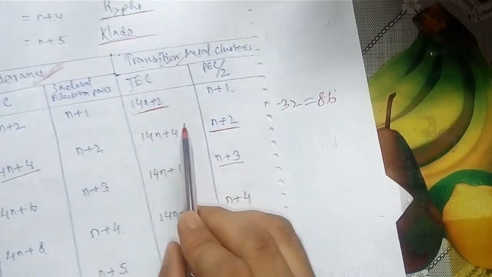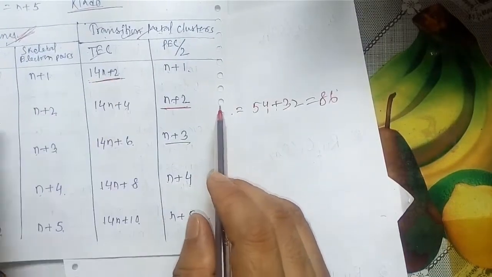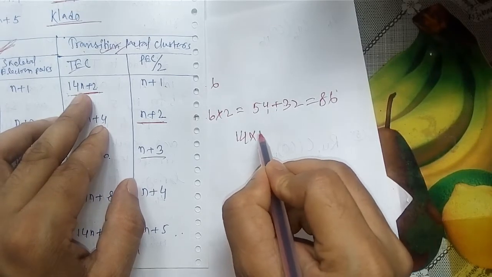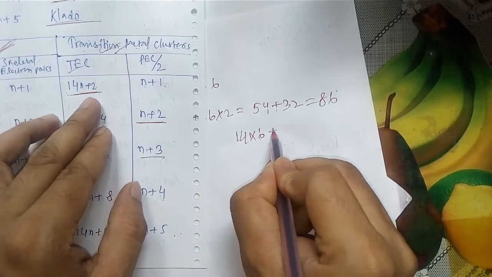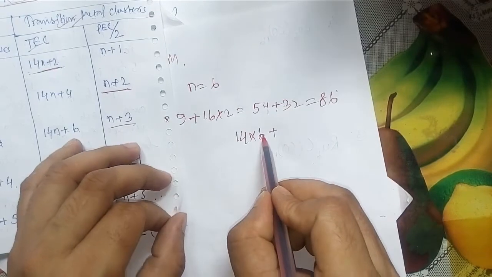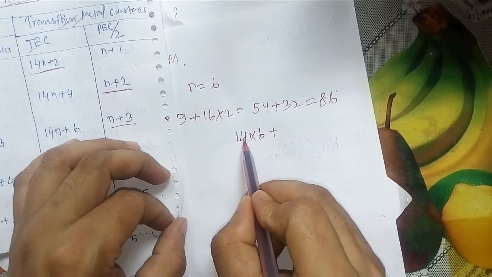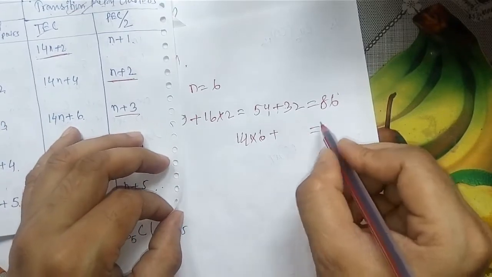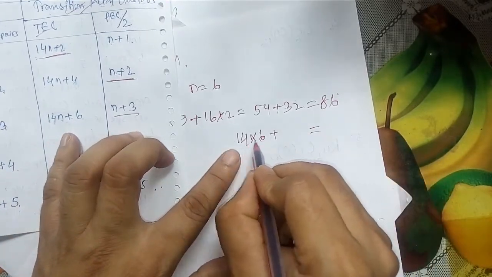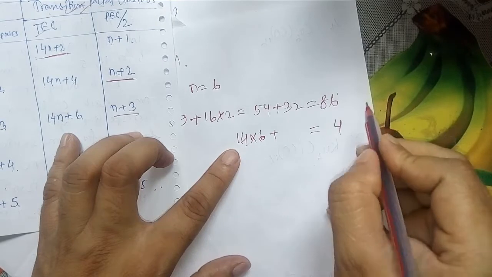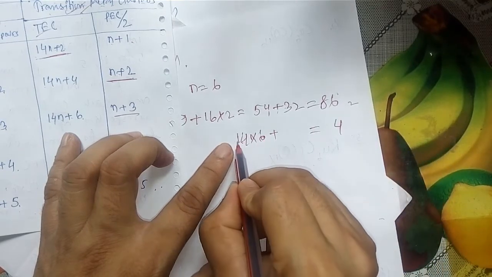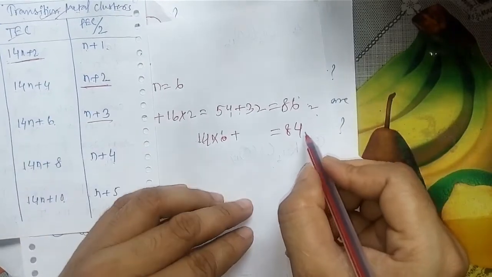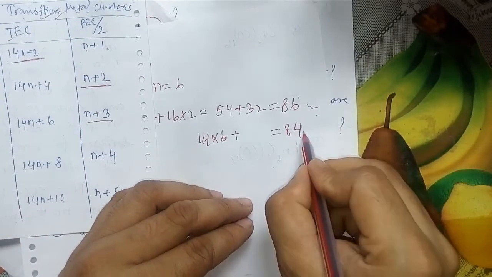Now we see the total electron count. 14 into 6 is 84, and how many are left? 2.